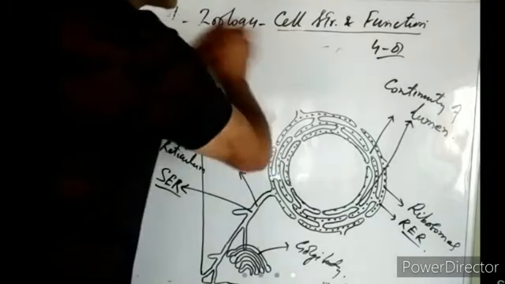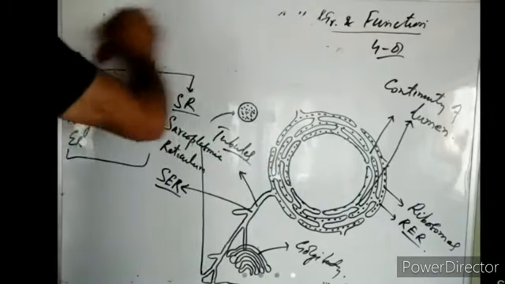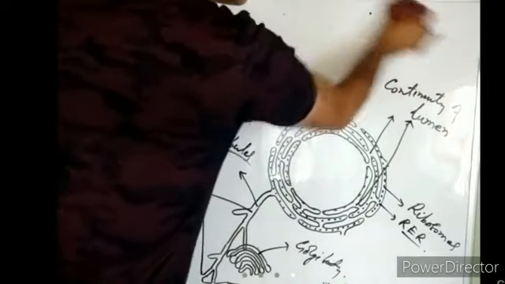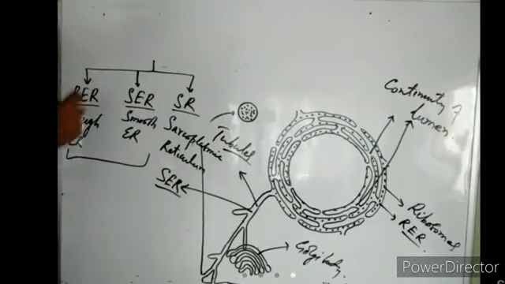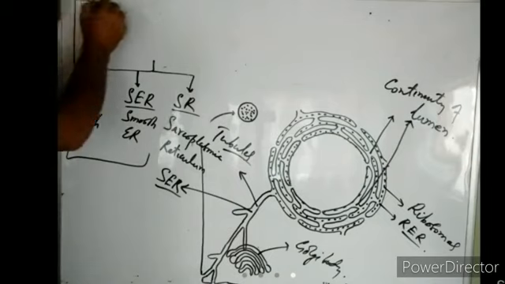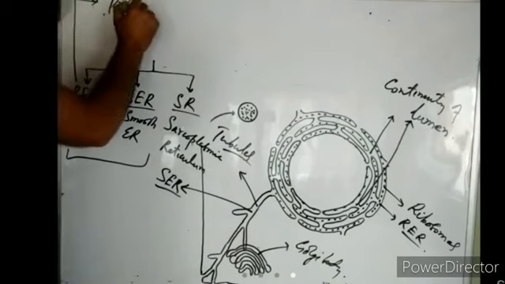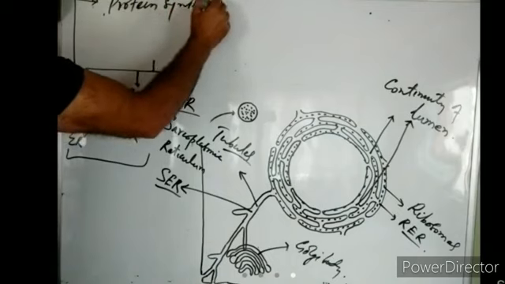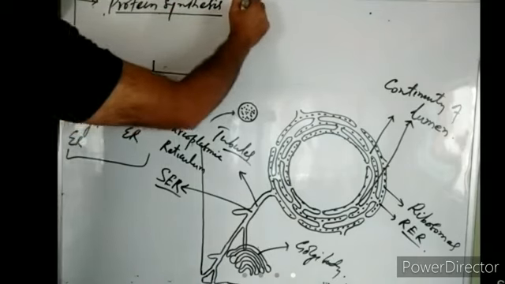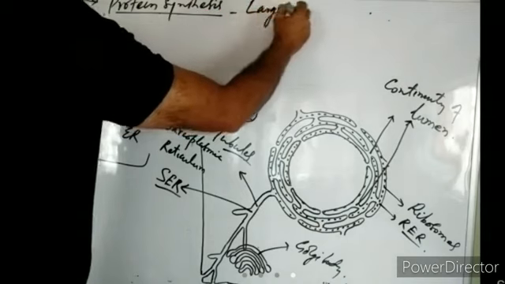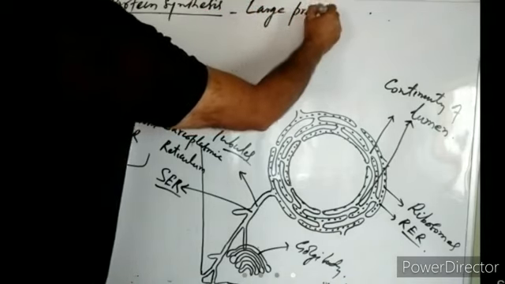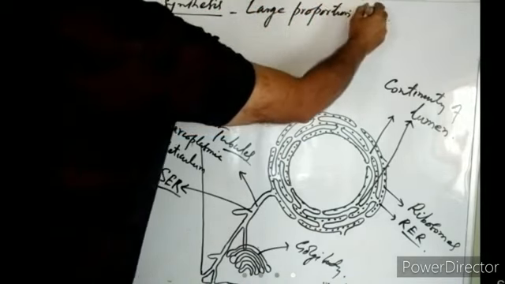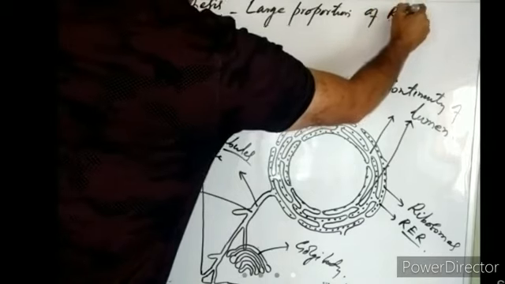There are some cells which are actively engaged in protein synthesis. Those cells which are involved in protein synthesis contain a large proportion of rough endoplasmic reticulum.